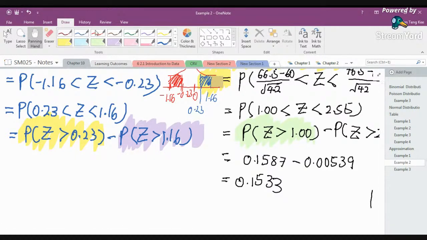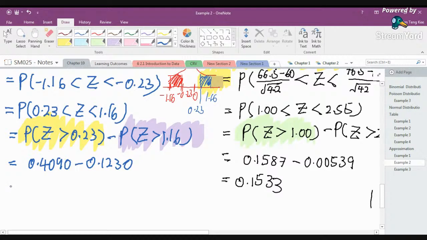Based on the result from the table, I have 0.4090 minus 0.1230, and it gives me the answer 0.2860. So this is the answer for question D.